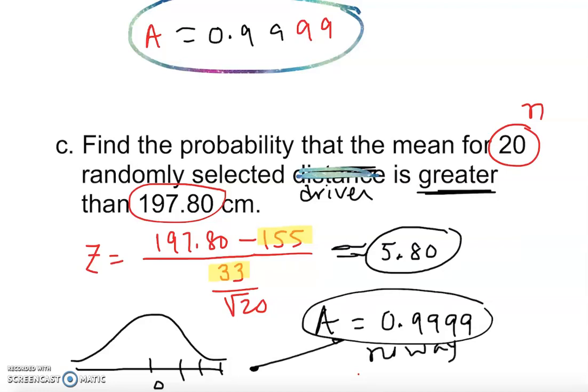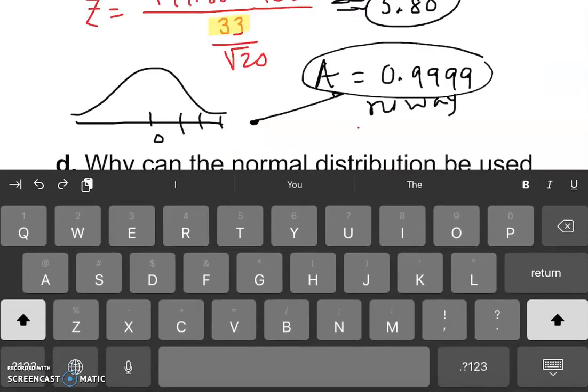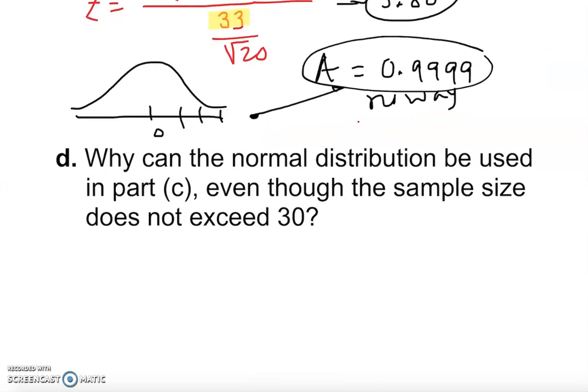So are you forgetting something? Yes, absolutely. Your area is supposed to be 1 minus 0.9999. So it's supposed to give you approximately 0, or 0.0001. That should be your answer.